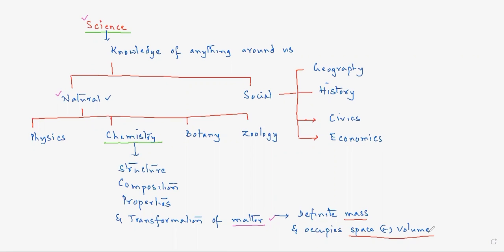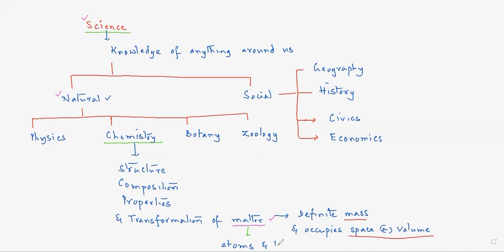Got it? Now, again, a question arises of why. Why is matter occupying volume? Why does matter have mass? Because matter is composed of atoms and molecules. So this matter is composed of some particles.